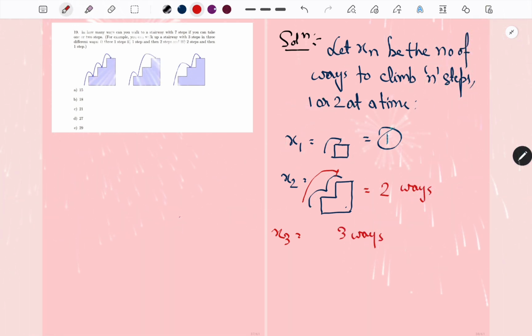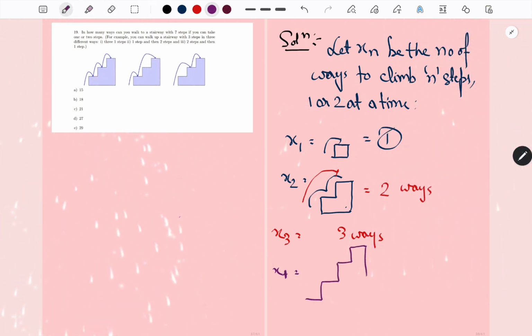Now what about x4? If there are 4 steps, how would we go? So basically now there are 4 steps, 1 2 3 4. What are the possible ways?